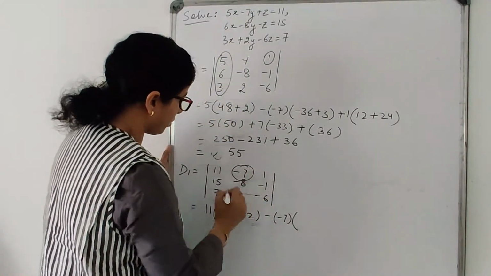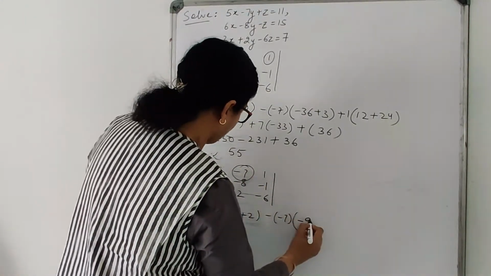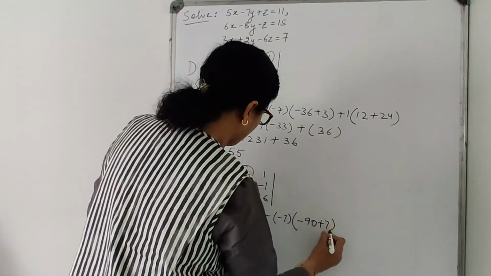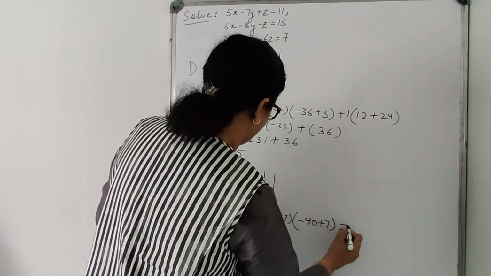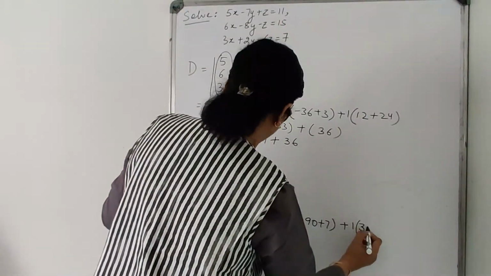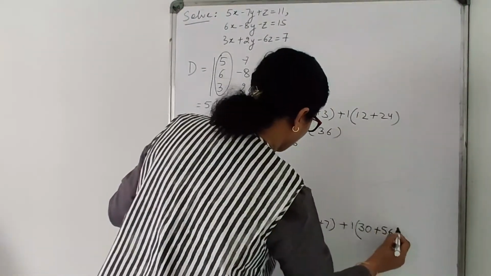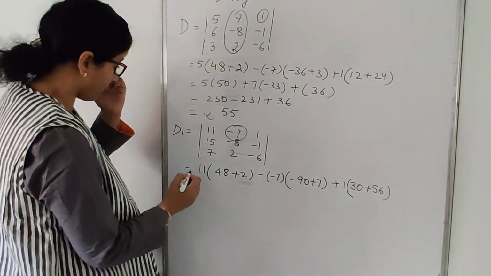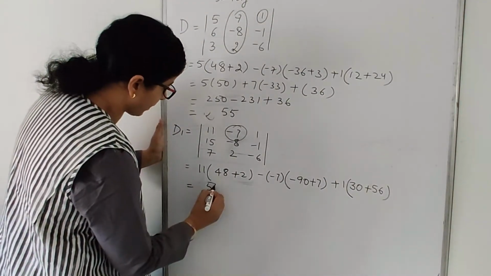Leave the corresponding row and column. So minus 90 plus 7 and plus 1. When you solve, what are you getting? 30 plus 56, right? So after solving, we will get D1 as 55.